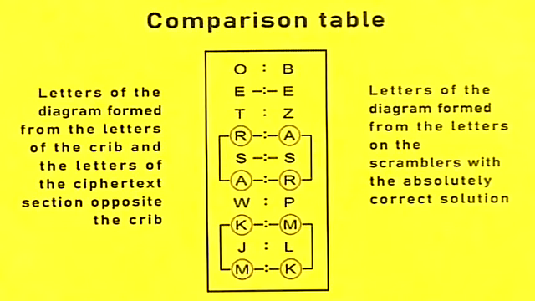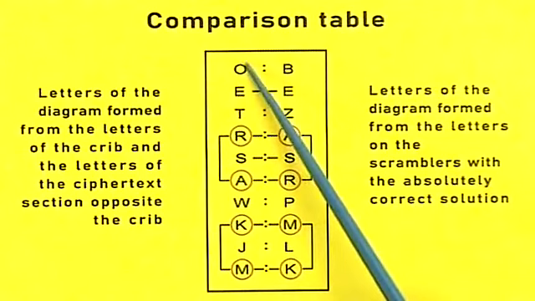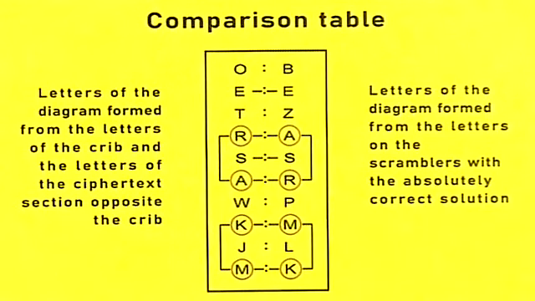Each letter in this column is compared to each letter in that column. If the comparison shows that the letters are the same, you will be asked whether one of the two exceptions can be used here.